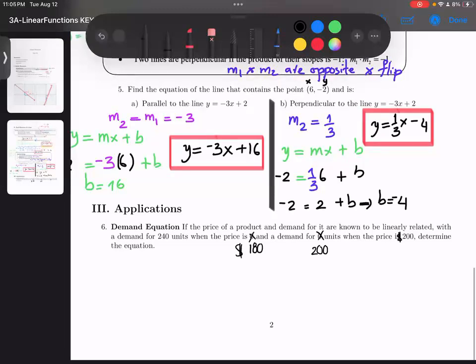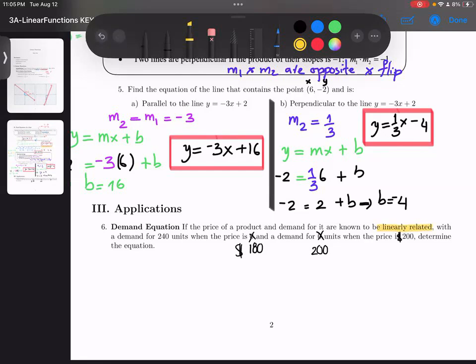For applications, demand equation. If the price of a product and the demand for it are known to be linearly related, this is very important when they say that. It means we can think of the price and the demand in units as ordered pairs. With a demand for 240 units when the price is $180, and a demand for 200 units when the price is $200, so slightly higher.